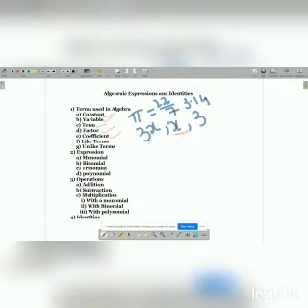If you don't find any number in front of your literal, it is understood that it is 1. So the coefficient of x is 1. For example, if it is minus 4x square, what is the coefficient? It is minus 4. Minus 4 is the coefficient of that term.